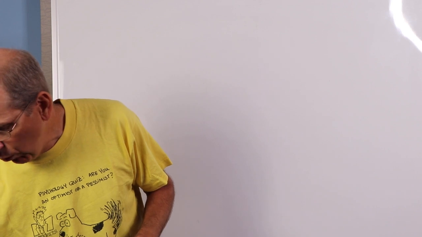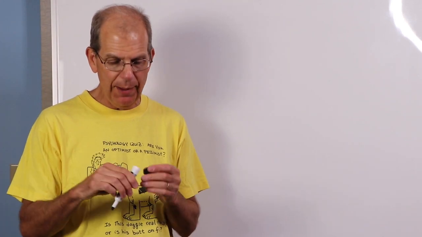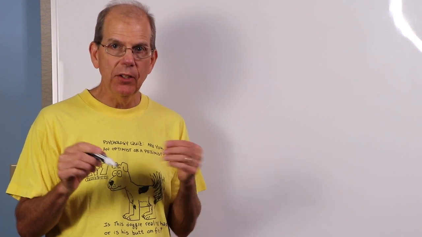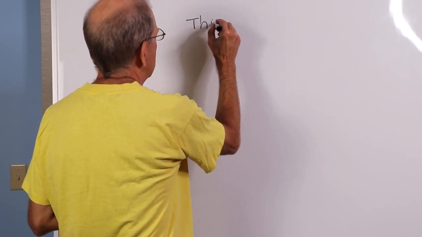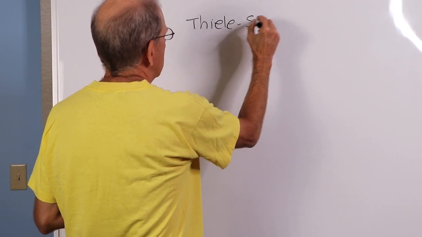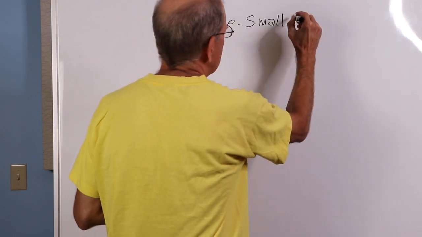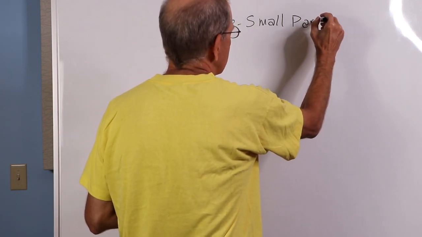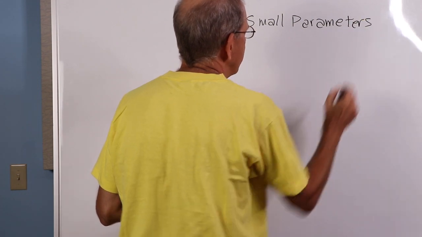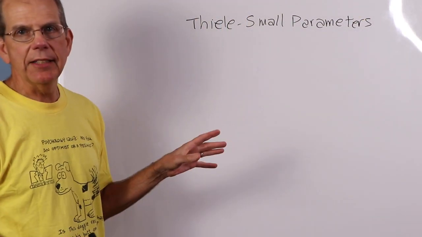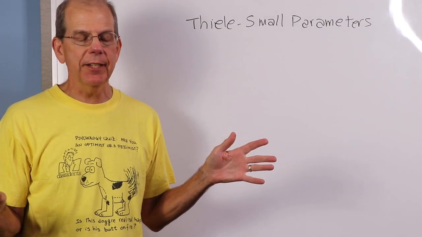We can quantify the transducer with a series of parameters called Thiele-Small parameters. Now, this is named after Neville Thiele and Richard Small, two researchers who came up with some very important papers in the early 1970s, published in the Journal of the Audio Engineering Society.